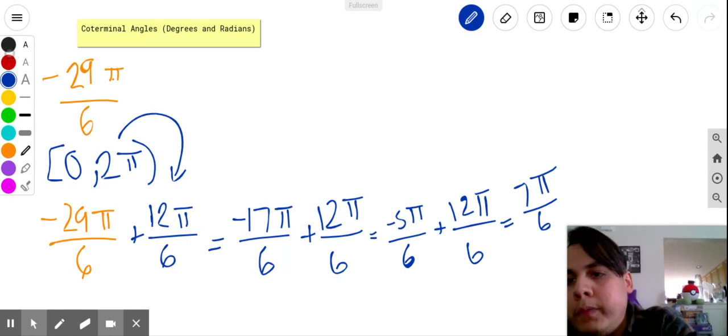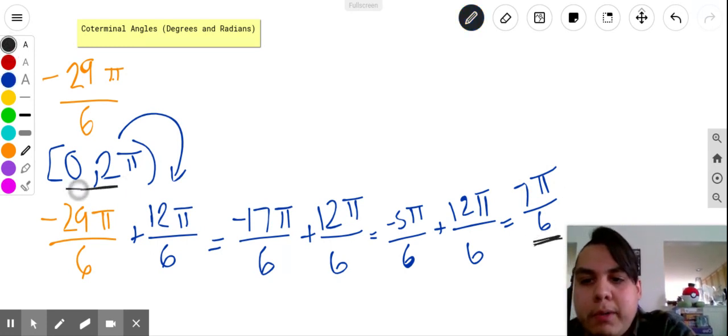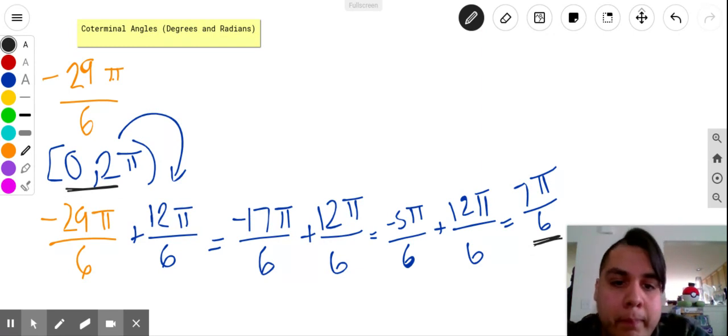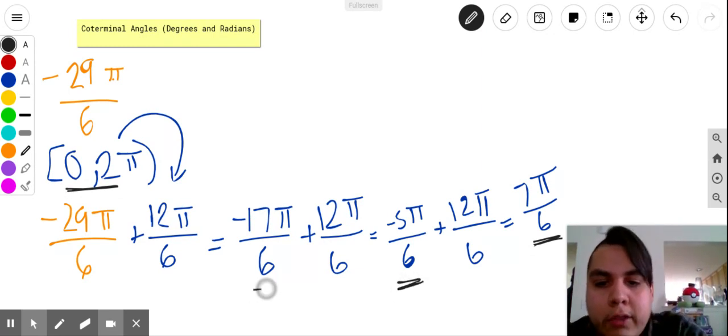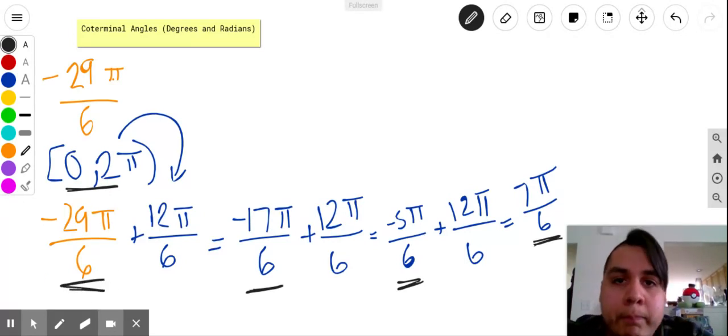So my answer is finally positive, so it has to be between 0 and 2 pi. But it turns out that these other angles that I'm underlining are all coterminal with it, because it's the same angle, it's just that I'm taking away revolutions in the negative direction this time. So that's all you have to do.